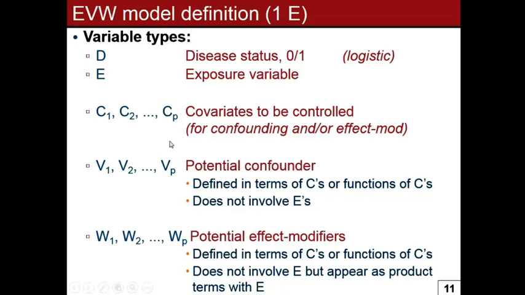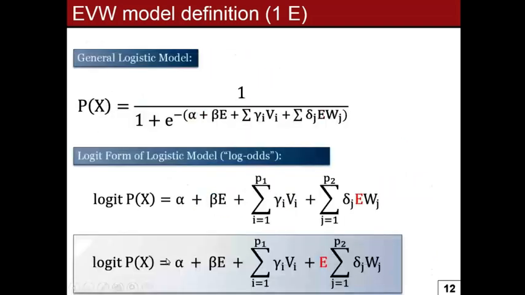Those are all things to control for as confounders, and they just become a V. The effect modifiers are a similar idea, but they appear as product terms with E. So everything on the right side of the equal sign can be distilled as belonging to either an E, a V, or a W. And that is really, really useful.